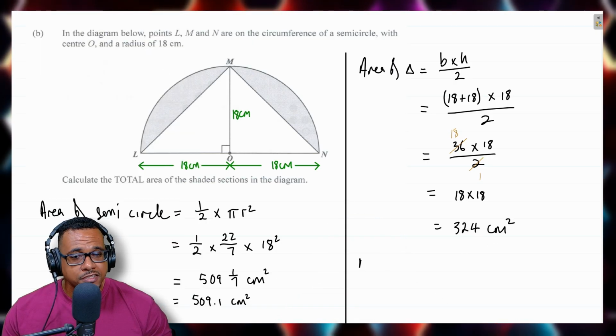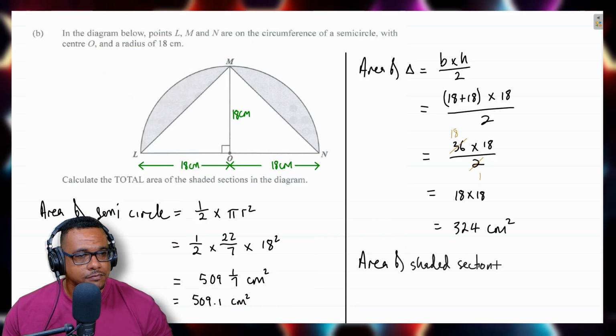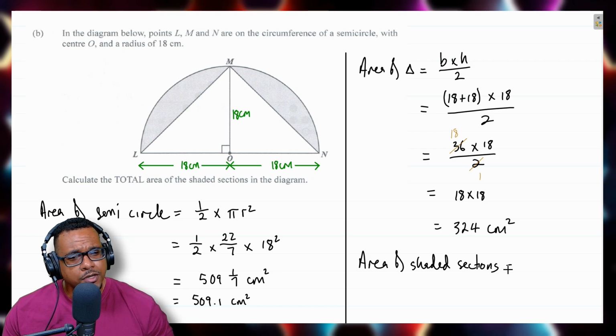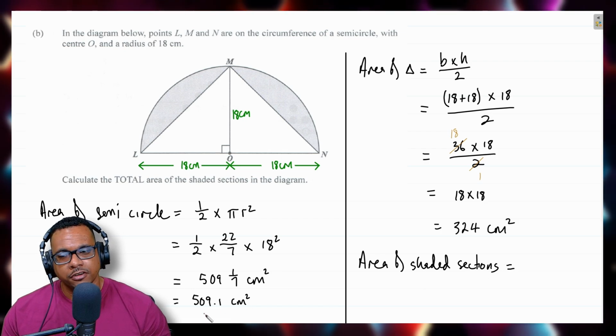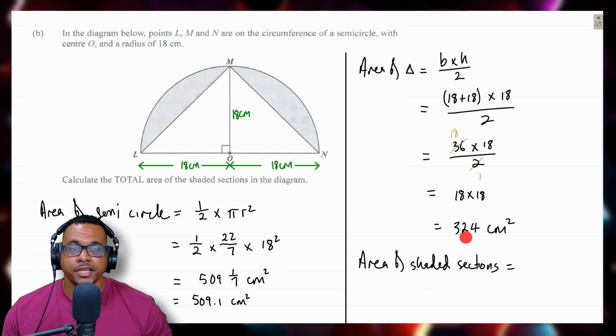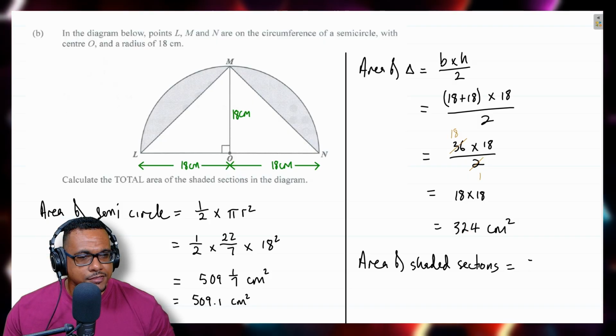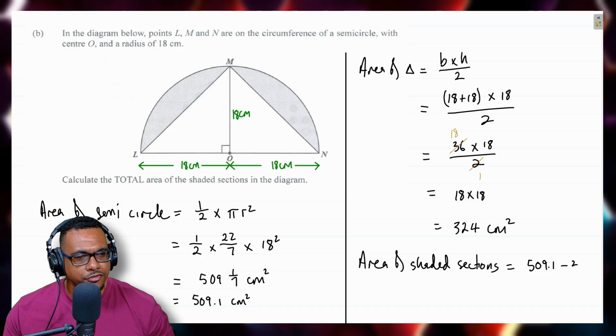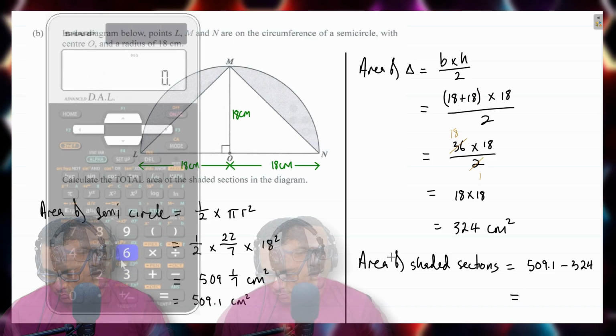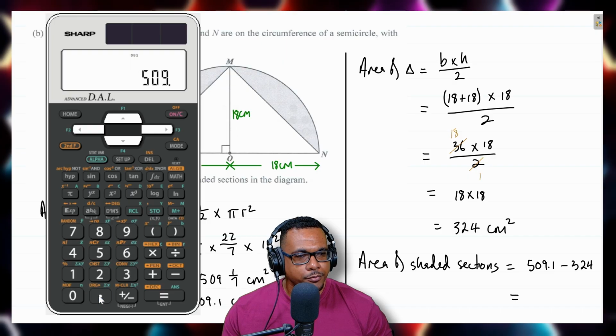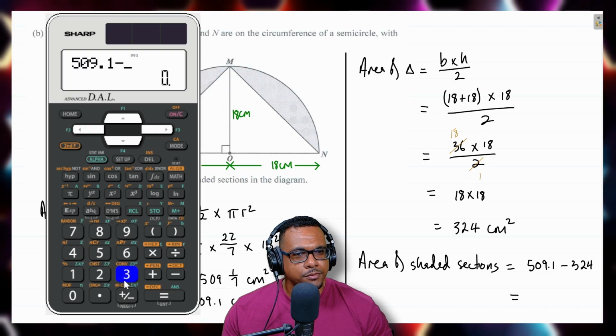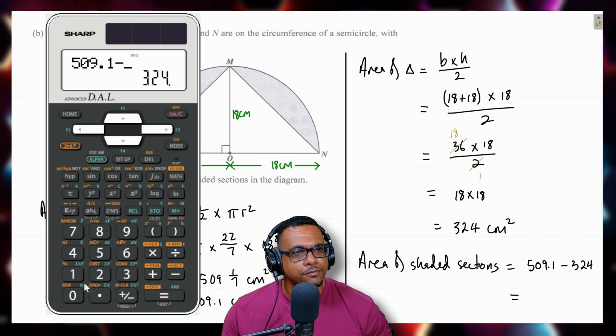So now the area of the shaded sections will be equal to the area of the semicircle, take away the area of the triangle. So that's 509.1, take away 324.